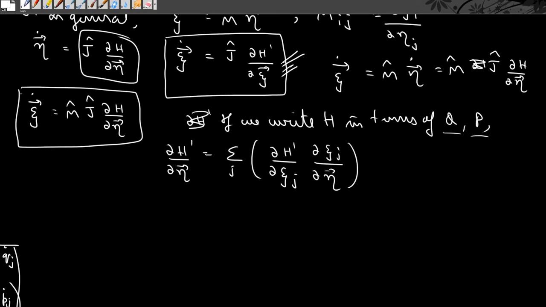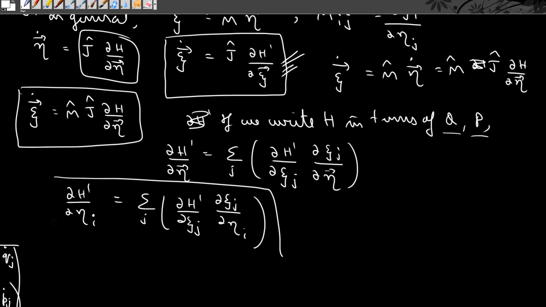So this means, or to be more specific, the component dou H dash by dou eta i must be equal to summation over j dou H dash by dou psi j times dou psi j by dou eta i.